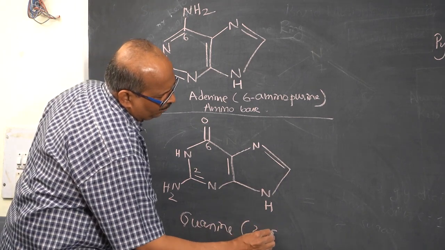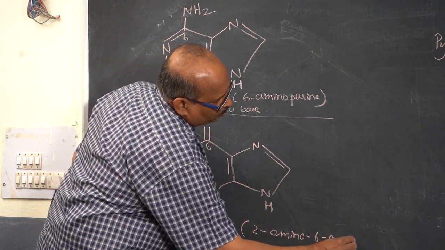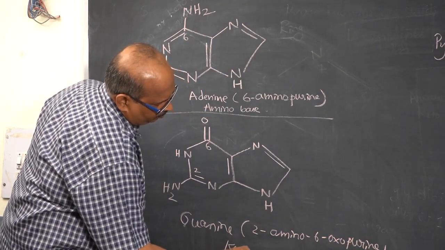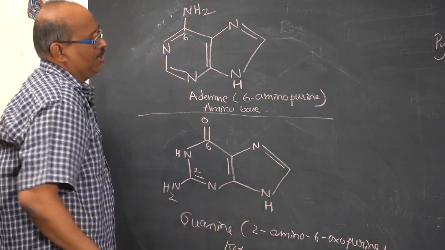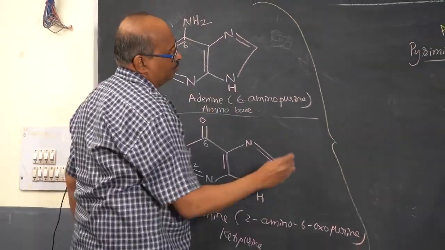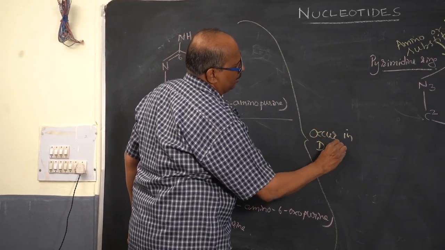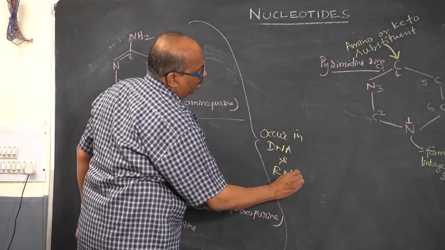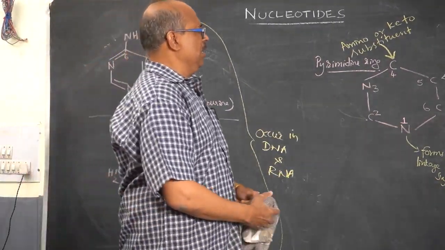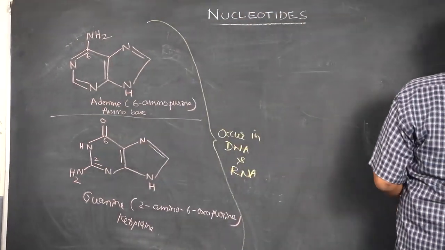So 2-amino 6-oxo purine, or a keto purine. So these two occur in DNA and RNA. So there is no separation when it comes to the purines. The same purines will occur in both the nucleic acids.